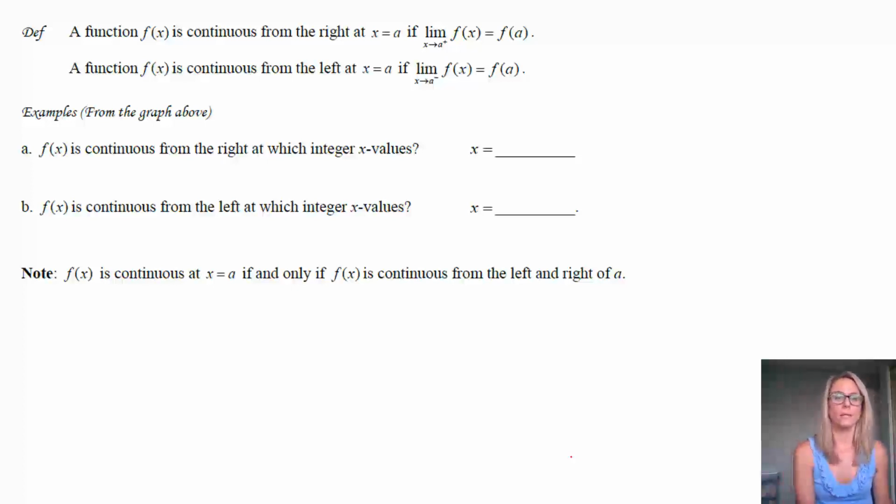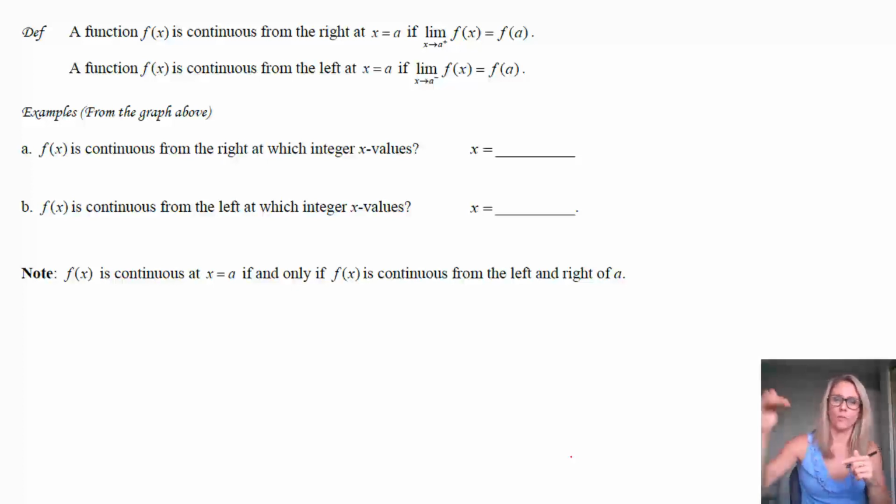Now, we have a couple definitions. You can also be continuous from the right or from the left, as long as you have a value at wherever you're approaching, and you have that limit from that side that is also approaching the value from that side.